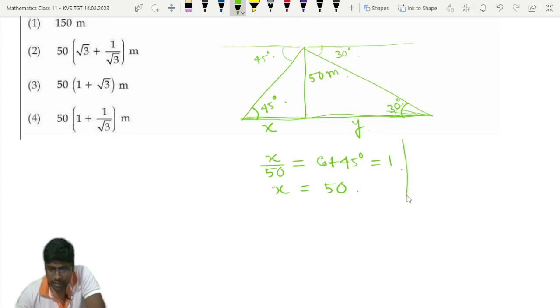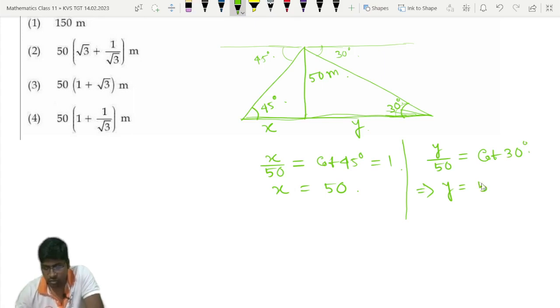Now come to the right hand side right angle triangle. From there we can write y by 50 is equal to cot 30 degree. So y is equal to 50 root 3, since cot 30 degree means root 3.